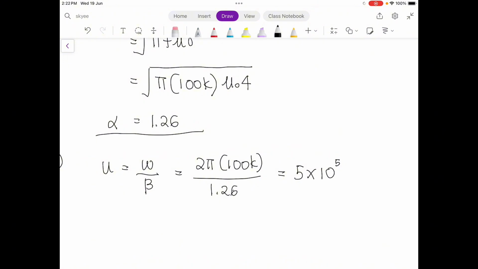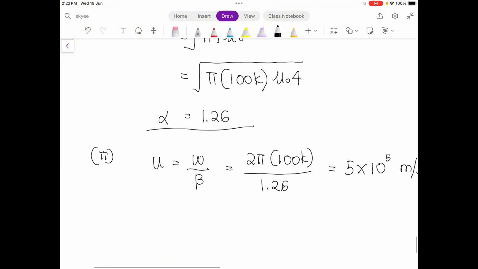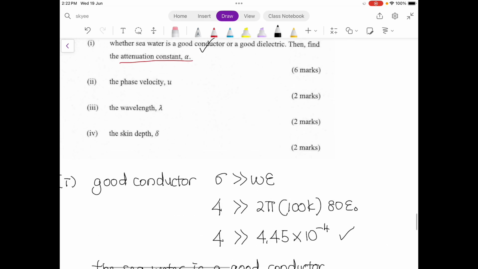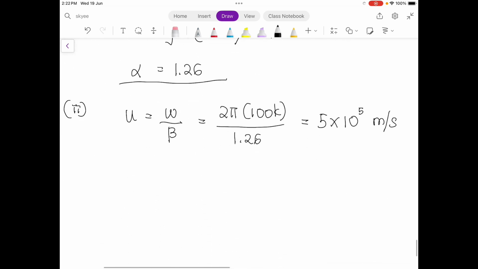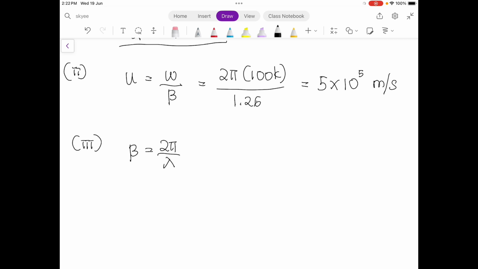This is the velocity, so the unit is meters per second. Then we go to the third one, the wavelength. You can find the wavelength using the relationship between wavelength and beta. With 1.26, you easily get the wavelength, which is 5 meters.